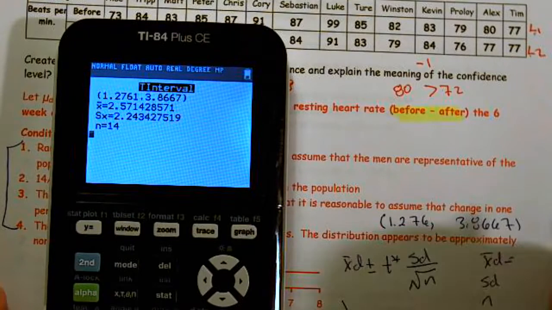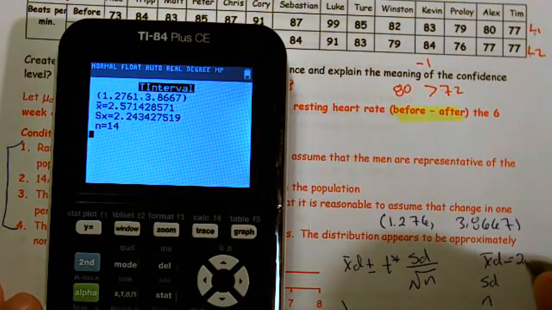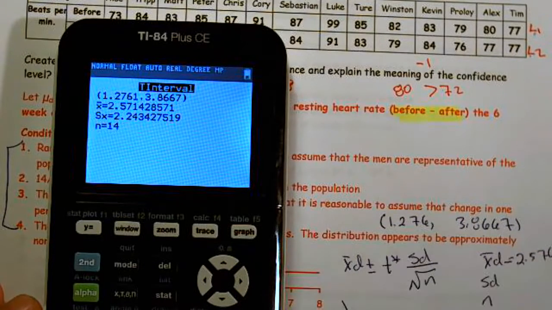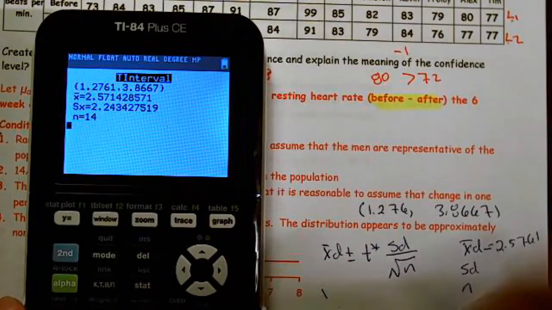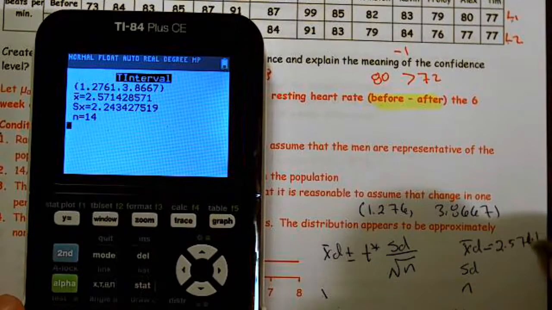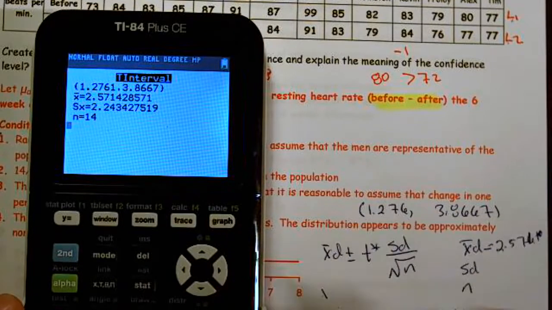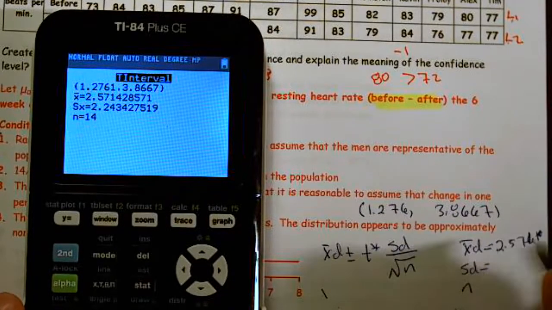So X bar is 2.5714. And our SD is 2.2434.